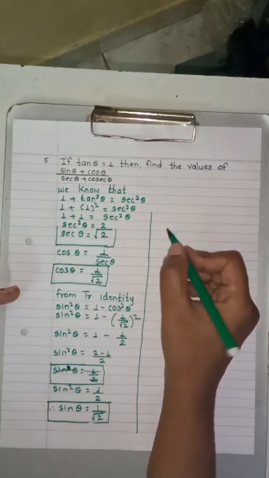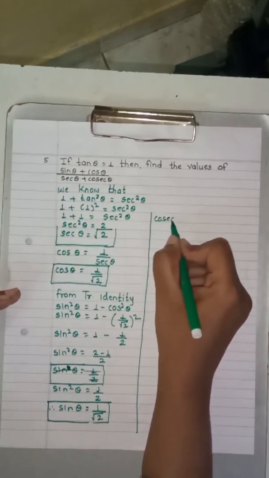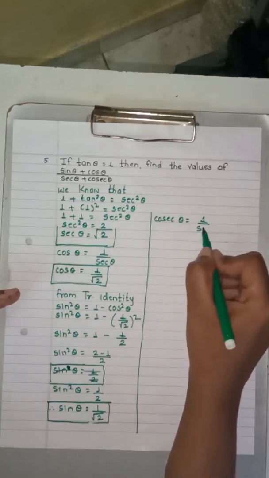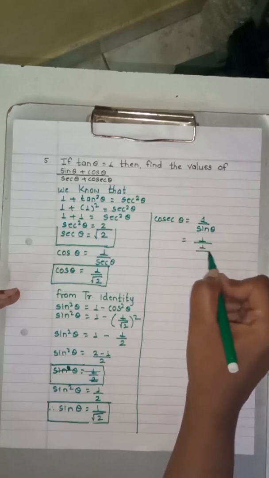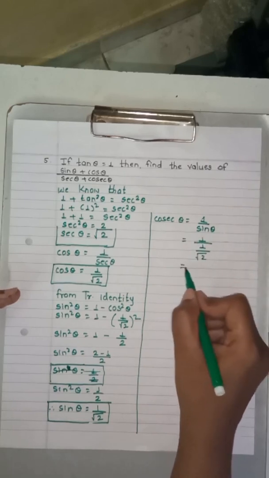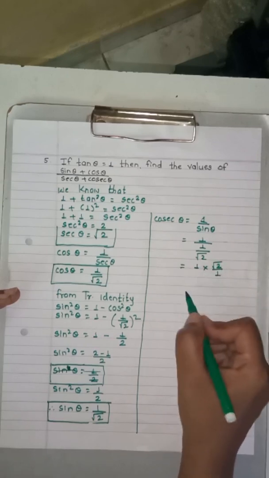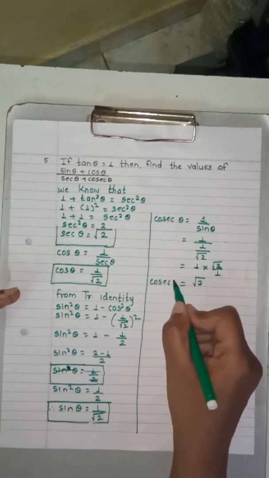Now we find the value of cosec theta. Cosec theta is equal to 1 upon sin theta. That is equal to 1 upon 1 upon root 2. That will be equal to 1 into root 2 upon 1. 1 will get cancelled and you will have here root 2. That is your cosec theta.